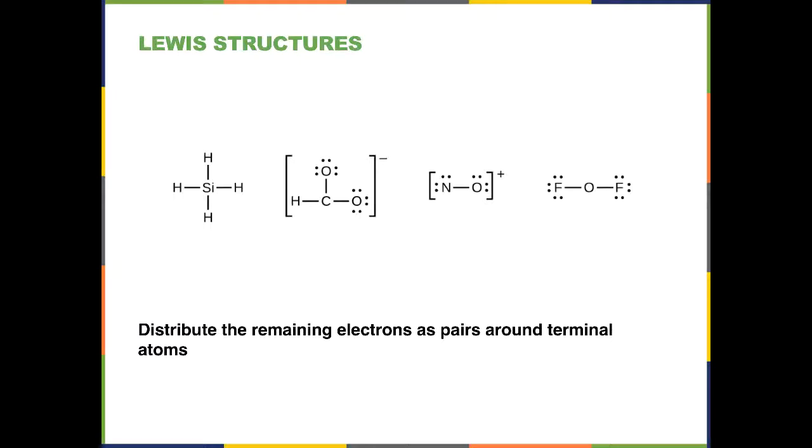Similarly, if you put the remaining 8 electrons around in the way it's shown here, and even if you do it by putting 6 around the oxygen and only 2 with the nitrogen, you're still coming up short. And then lastly, you have this fluorine, each of which is around the terminal atom, so each of these has 6 and 6, but you still have 4 left over.